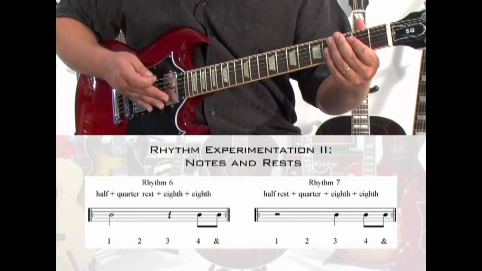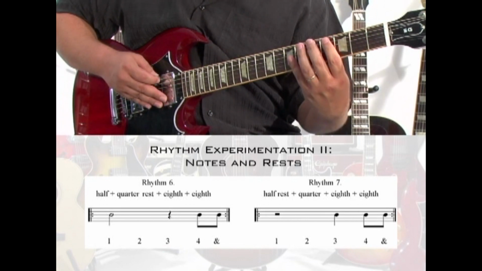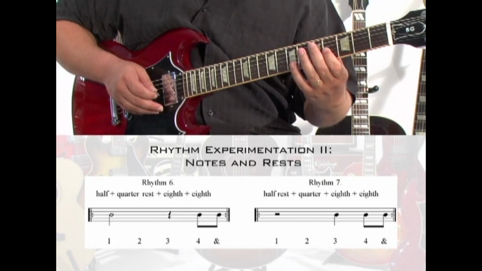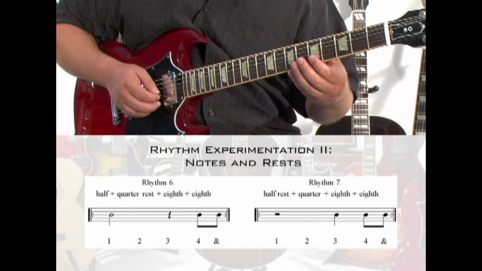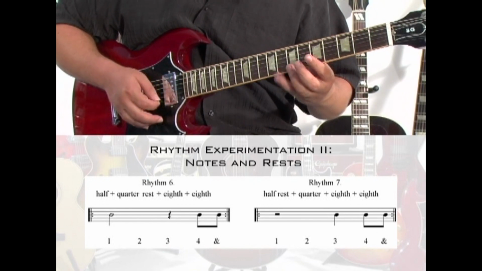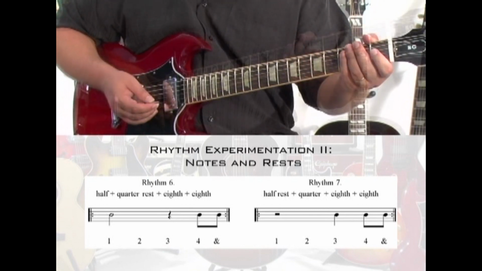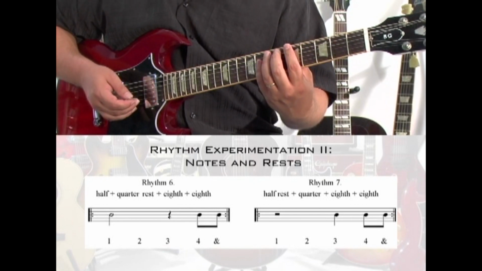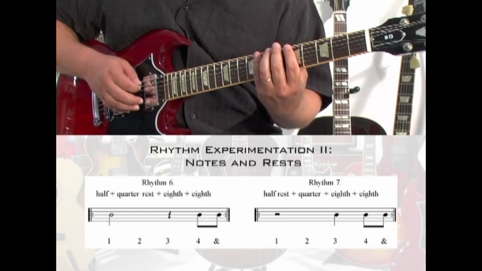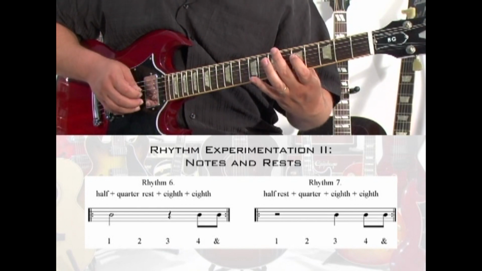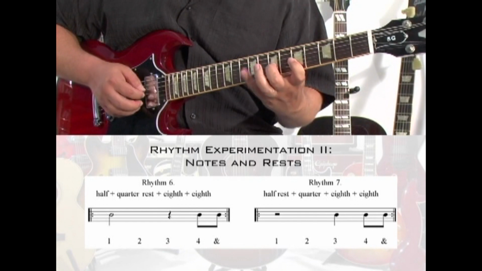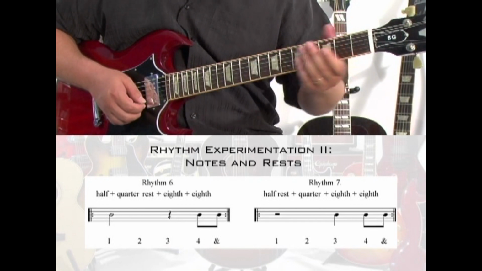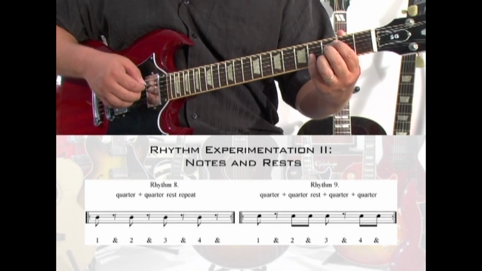Rhythm 6 played to the G position. And now rhythm 7 played with the A position. Here's rhythm 8 played with a B diminished chord.